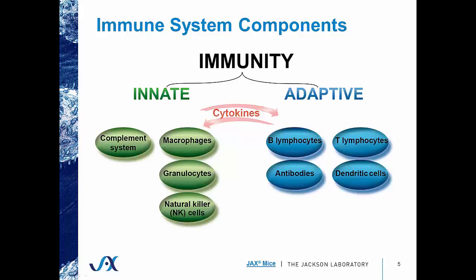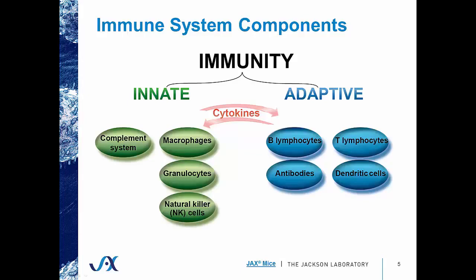The adaptive branch of immunity includes B cells, which produce antibodies, as well as T cells, which are comprised of CD4 positive T helper cells, which help B cells make antibodies, and cytotoxic T cells, which are CD8 positive, that have the ability to directly kill infected cells or cancer cells.